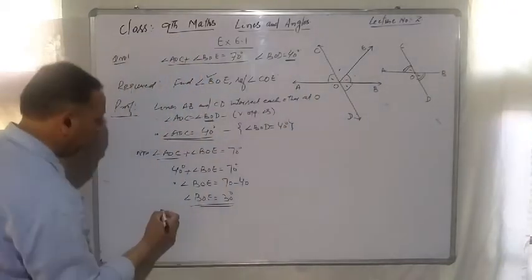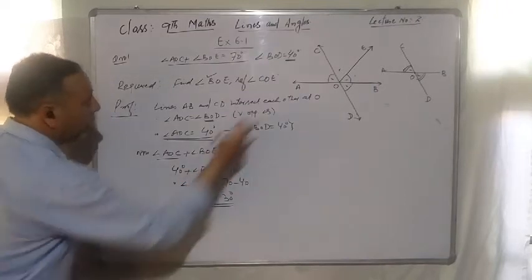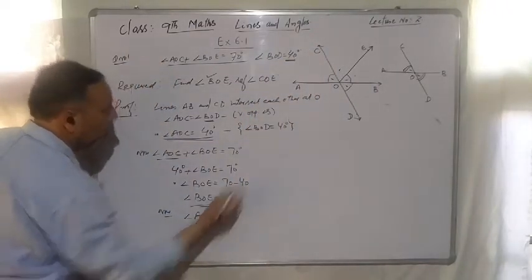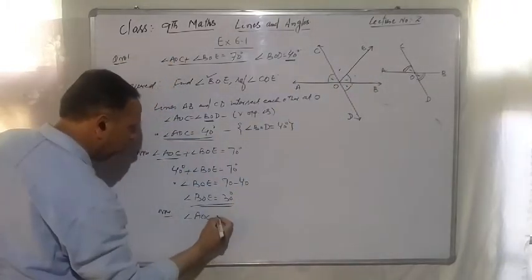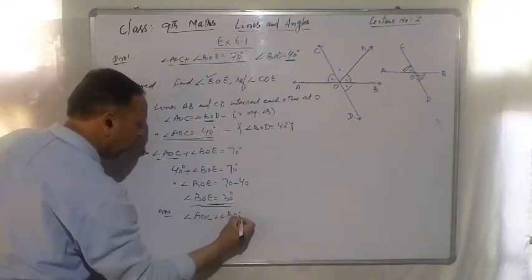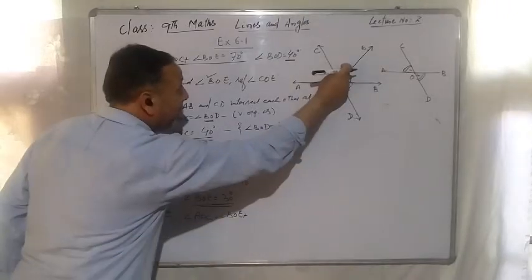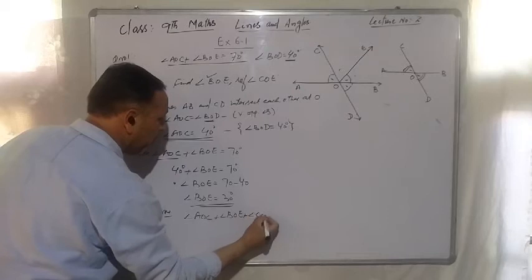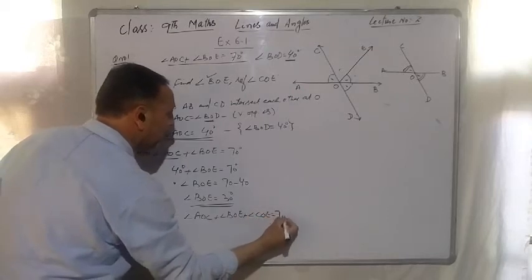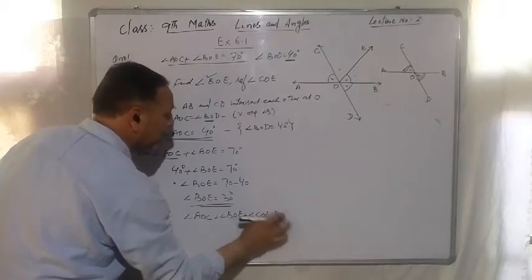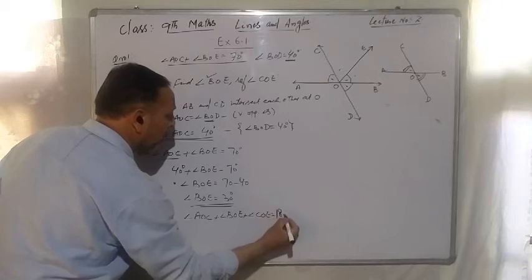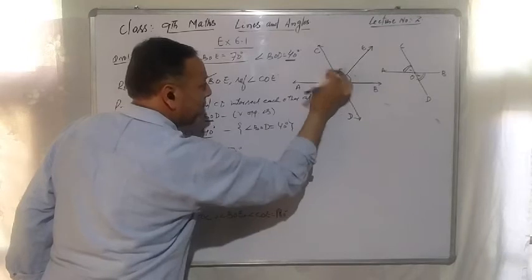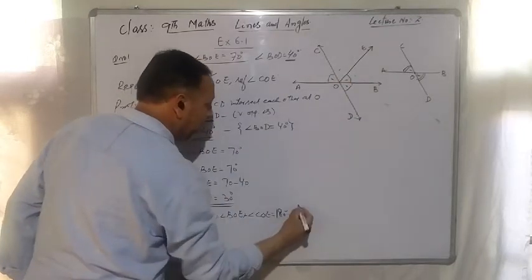Now angle AOC plus angle BOE plus this acute angle COE is equal to 180 degrees, because these are angles on a straight line, or we can call them a linear pair of angles.